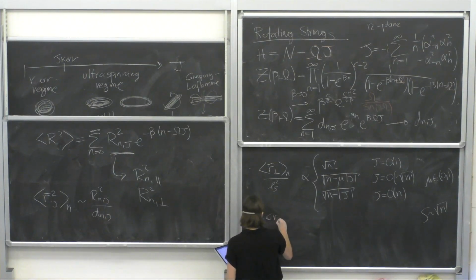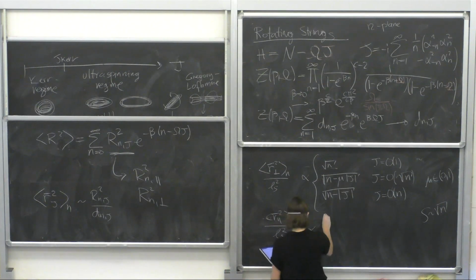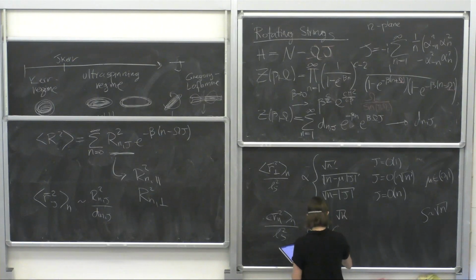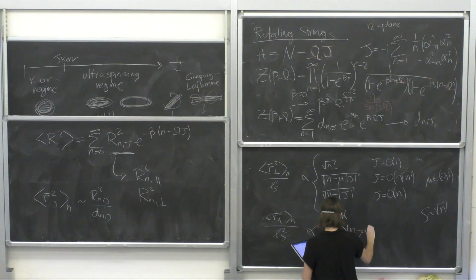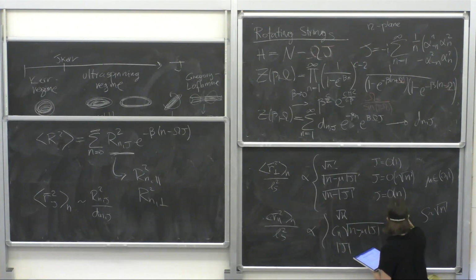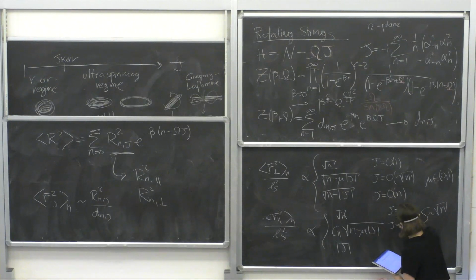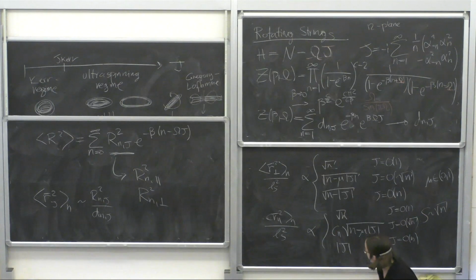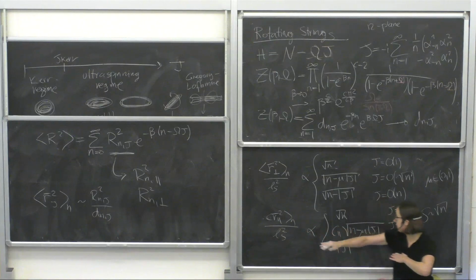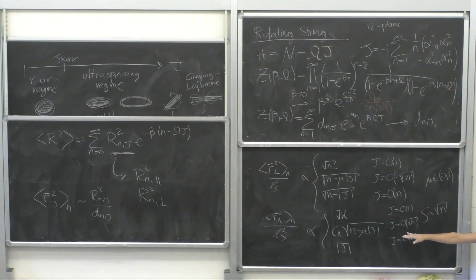Let me also give you the parallel size. So that goes as follows. And this is again for j of order 1, j of order square root n, and j of order n. So you notice that for the size in the rotation plane, the string spreads out quite a bit.